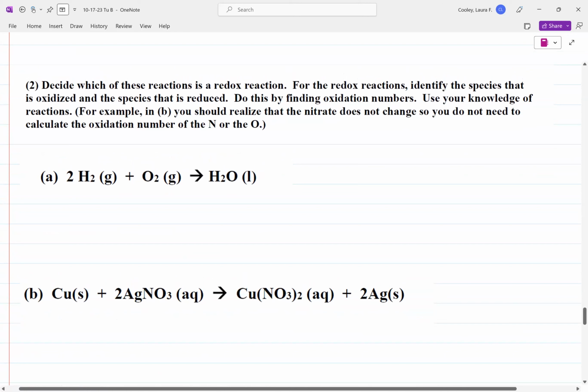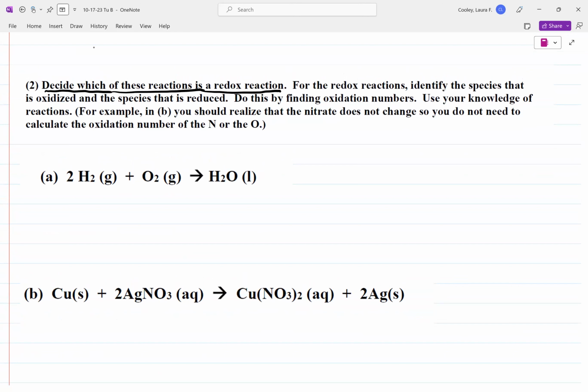And I want to say that in this part, you have to decide which of these reactions is a redox reaction. They're not all redox reactions. But the way to figure that out for sure is to look for oxidation numbers.